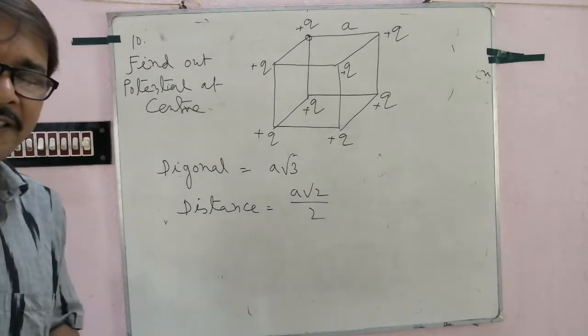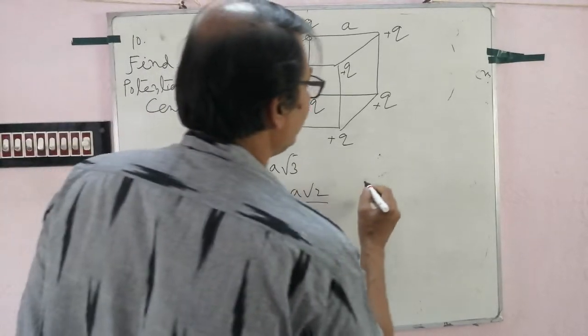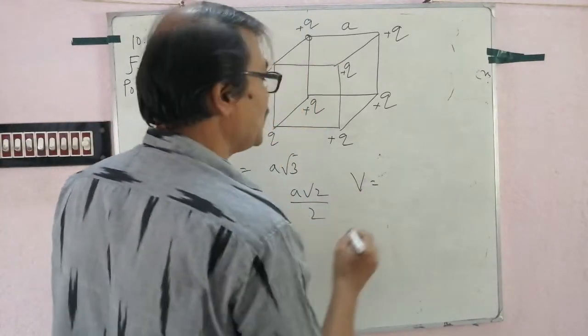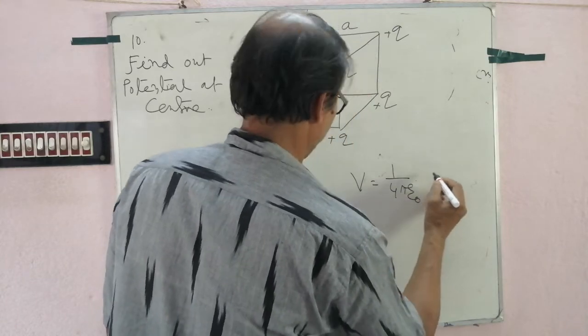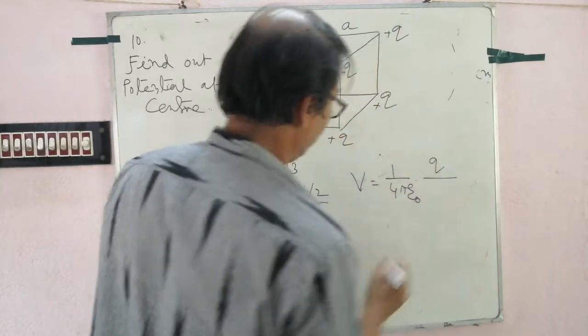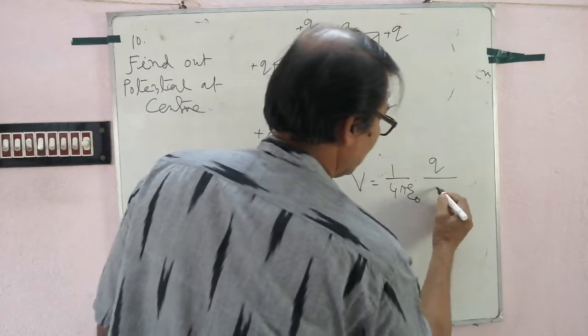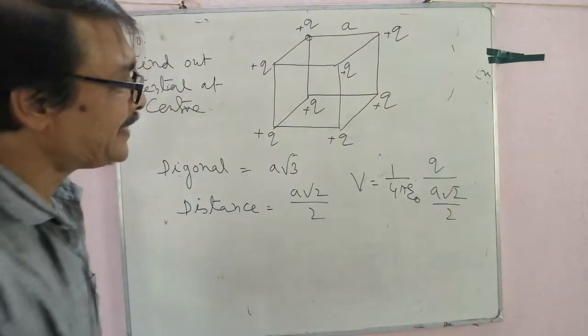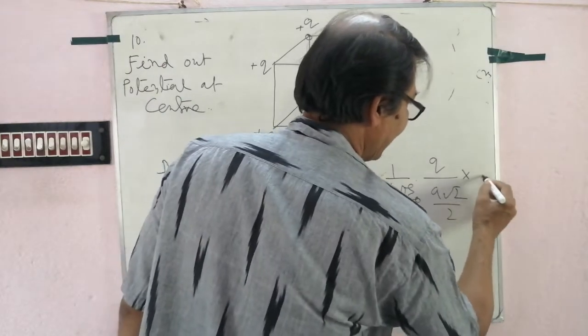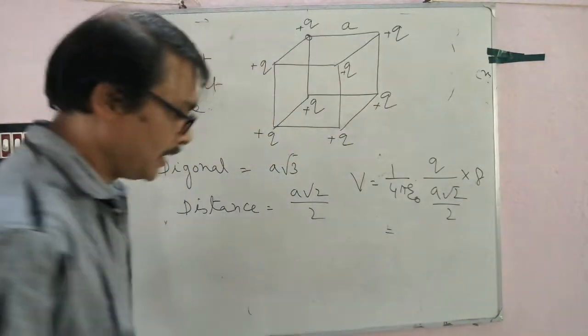Potential is a scalar quantity. So total potential at the center V equal to 1 by 4 pi epsilon naught, q by distance a root 3 by 2, but 8 charge, that is 8. This is the result.